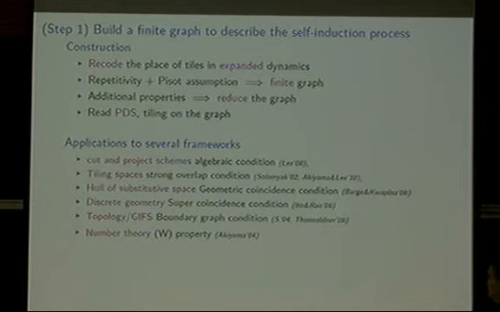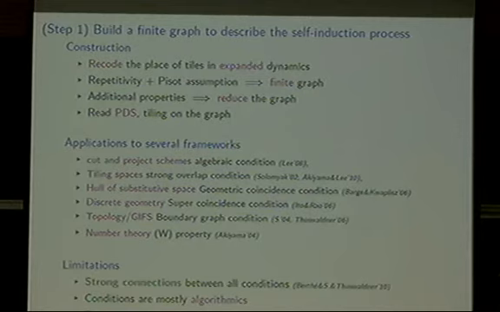This is, I would say, the limitation of all this: when you want to study the differences between all these conditions, they are very, very close. There are very few differences. And this brings us to a limitation, which is that building this graph and studying its properties is mostly algorithmic, which implies that we have very few general properties of the object we are studying.